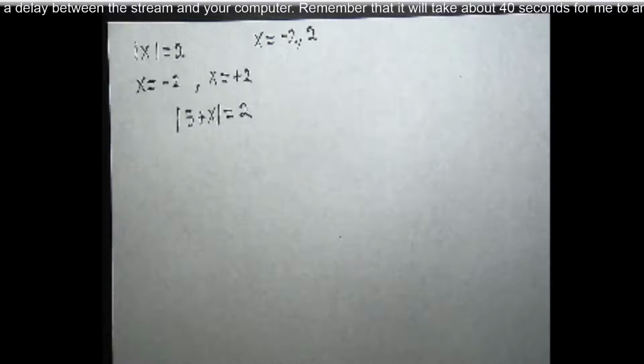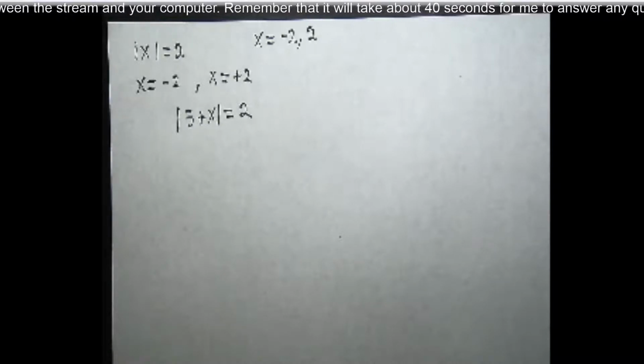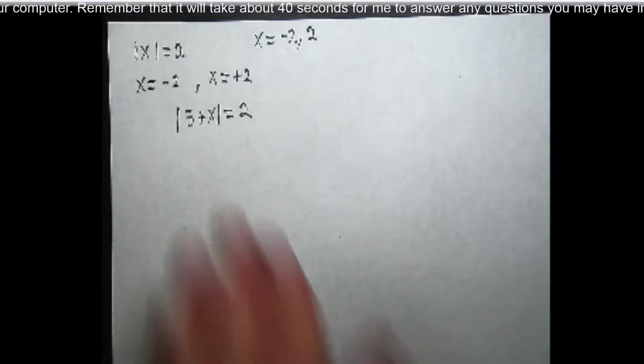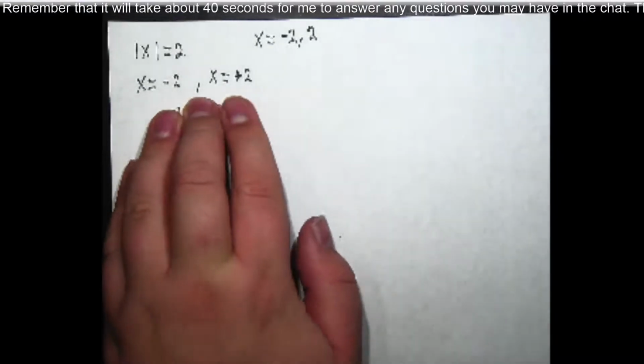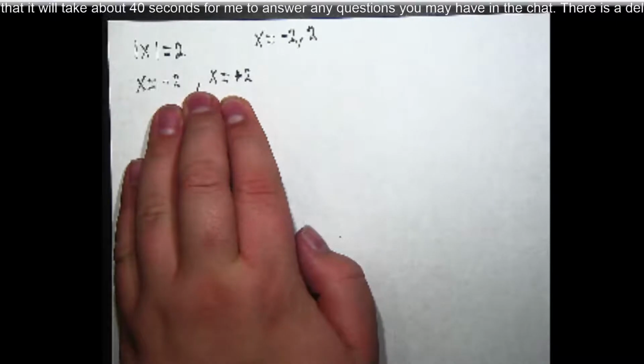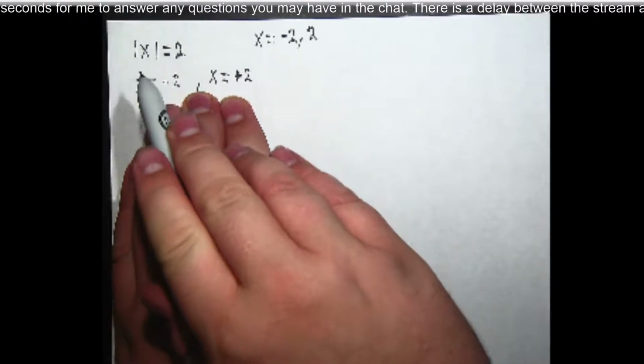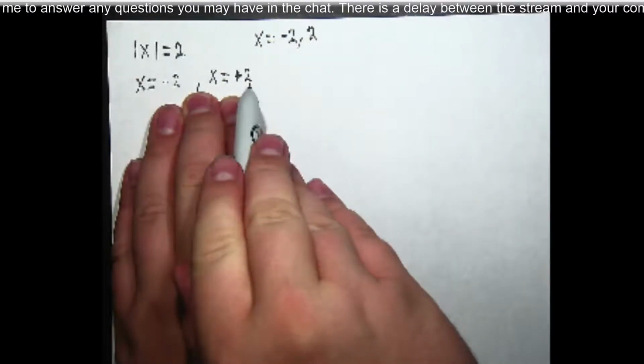Now remember, what we set up here is that we're taking what is in the absolute value, in this case x, and setting it equal to what it could be, right?